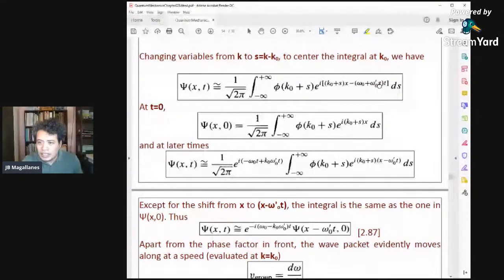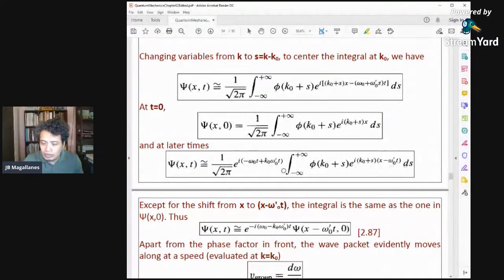with the k minus k sub 0, you can factor this out of the integral, because this is just constant. t would not be a function.